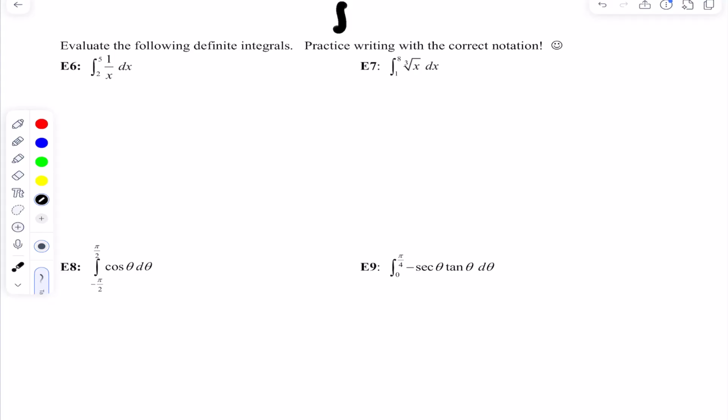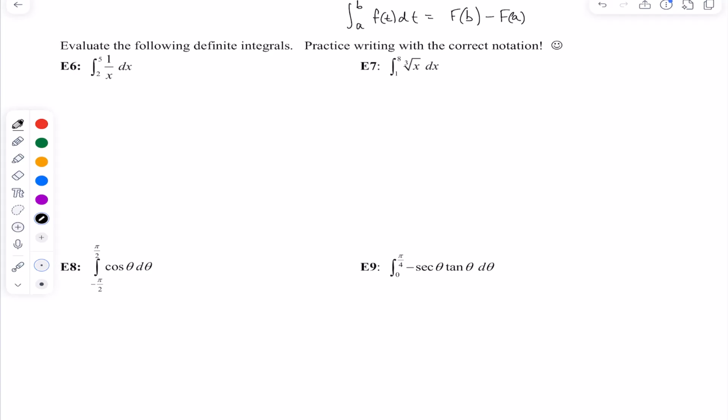Now the fundamental theorem of calculus part 2 says if you have this, then we could actually find the exact value by using this difference of accumulations.